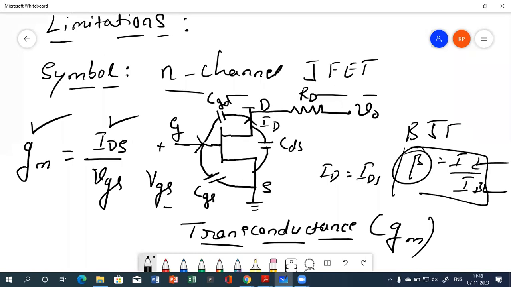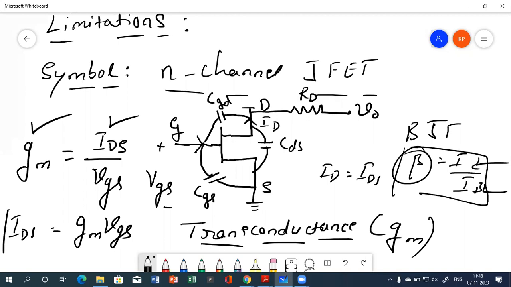Hope it is clear for everyone. Now I'm going to use such concepts to draw the small signal equivalent circuit. Another important thing here is that the drain current IDS can be given by gm into VGS.